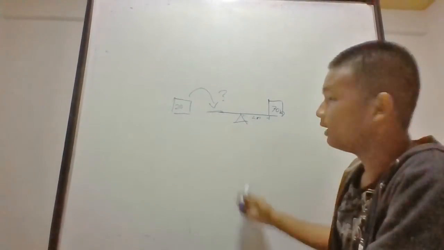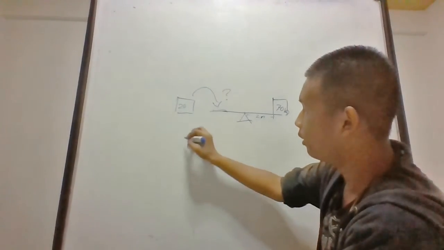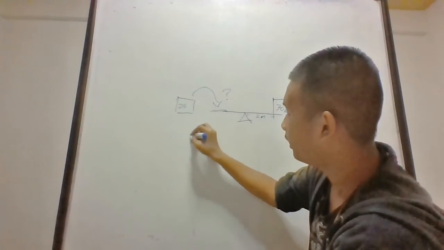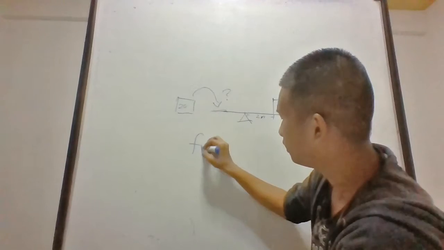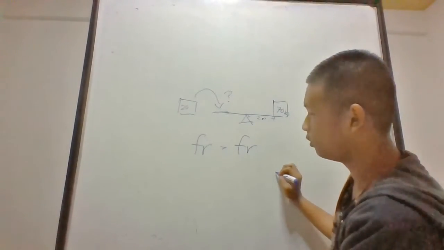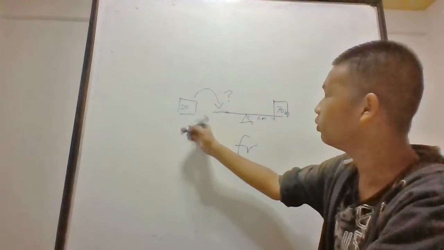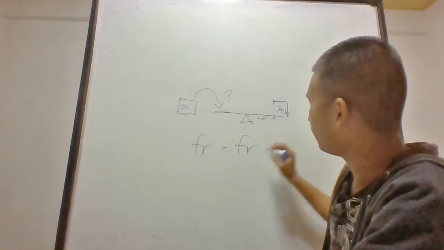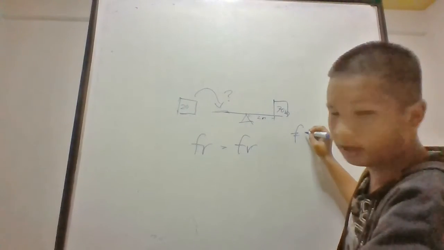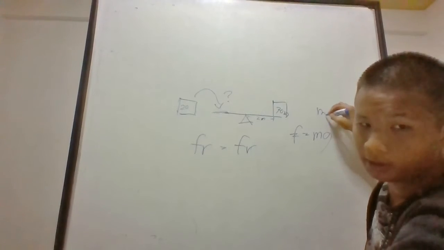In order to find the equilibrium, torque equals torque. So in this torque case, you can use F equals mg instead of ma.